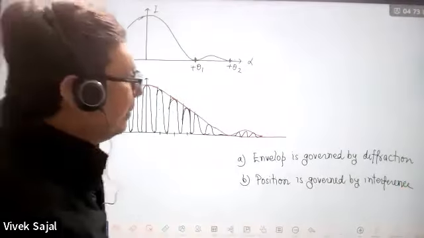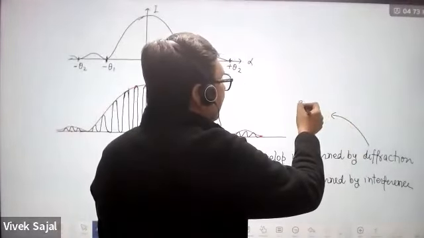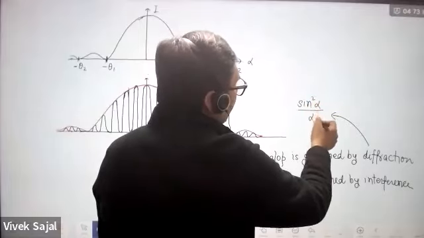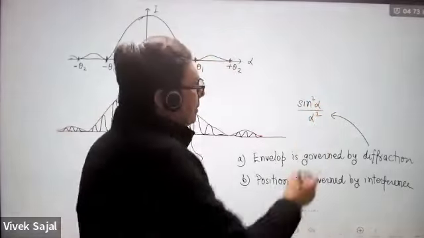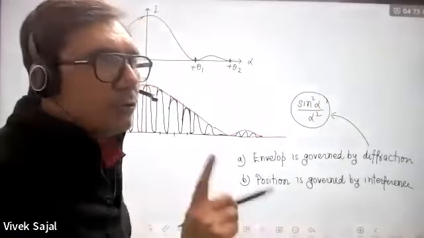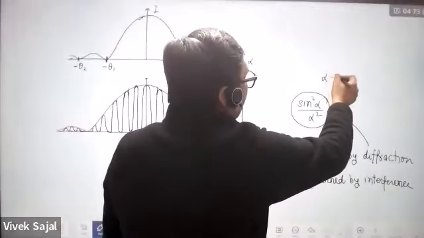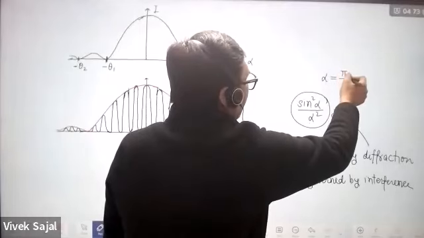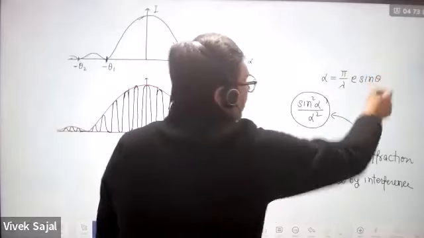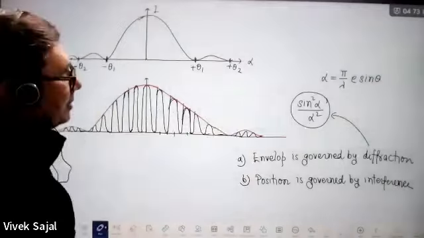Who is representing the diffraction? Diffraction is represented by sine square alpha upon alpha square. Okay? This term is representing diffraction at individual slits. So who is going to decide this envelope, this alpha? And what is alpha? Alpha is pi by lambda, this is e sine theta. So try to understand, this envelope is actually governed by the width of the slit.